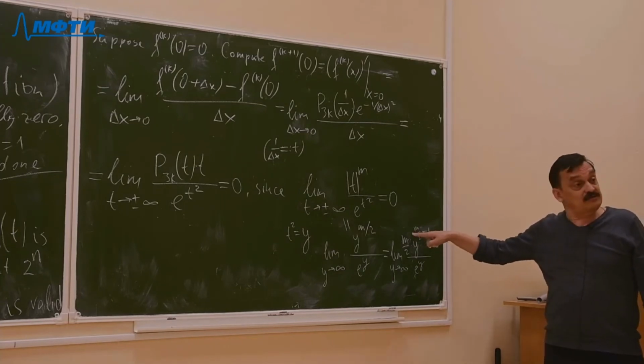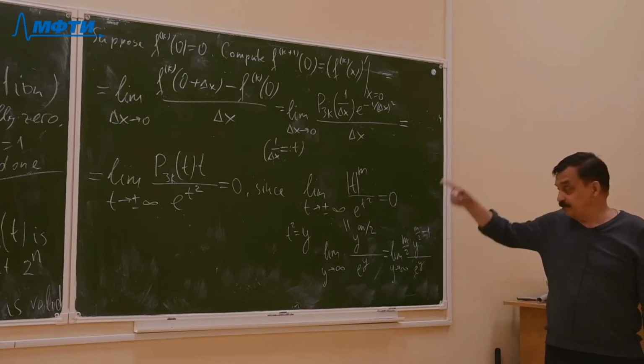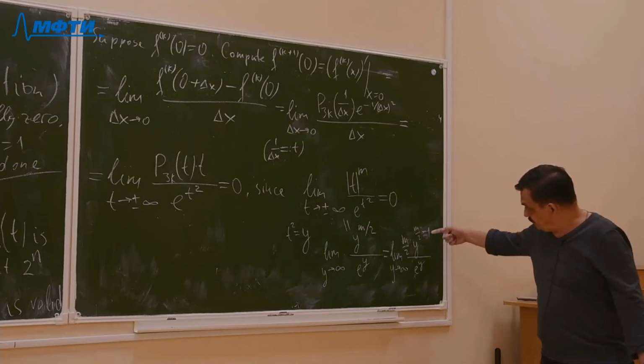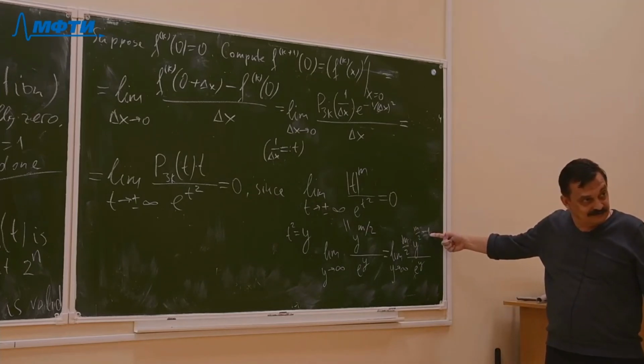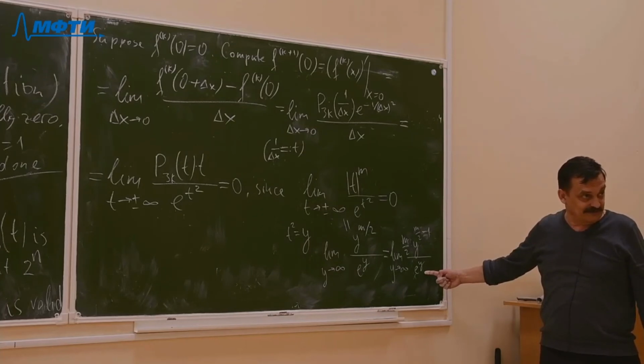If m is greater than 2, then we continue, right? We apply L'Hopital rule once again, and so every time the degree is smaller and smaller, right? But the denominator doesn't change. E to the power y, right?